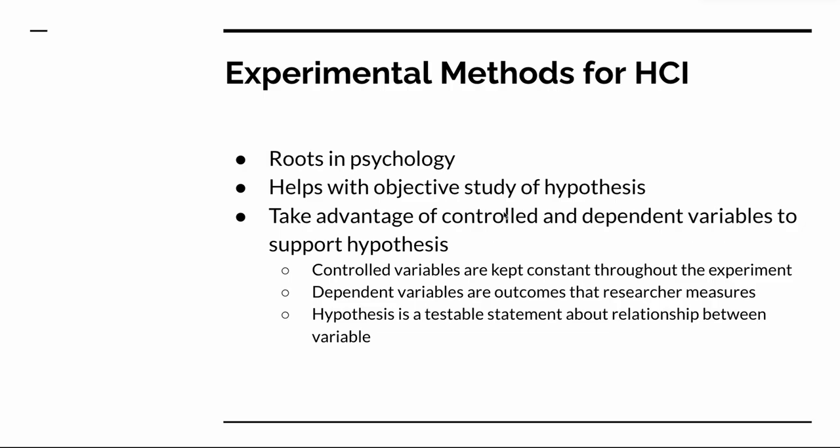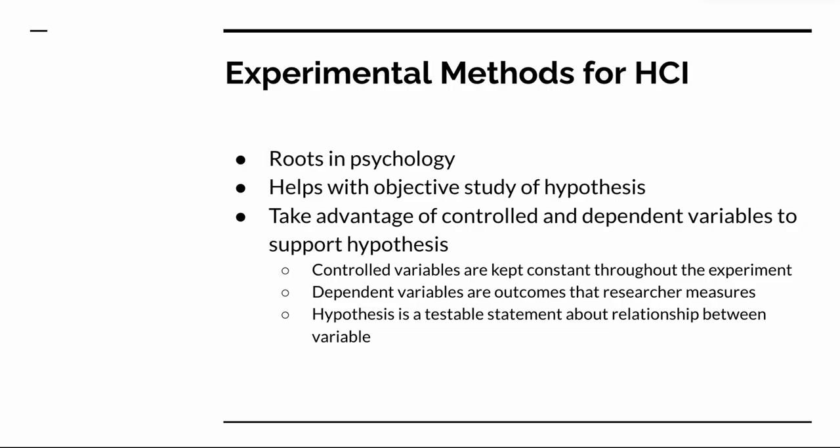And in the experiments we take advantage of controlled and dependent variables to support some of our hypotheses. The controlled variables we keep constant, so everything depends only on the independent variable.